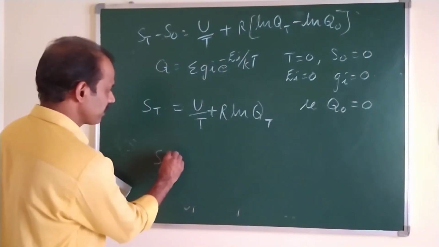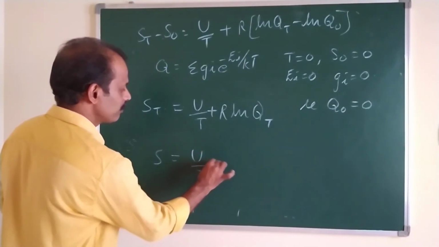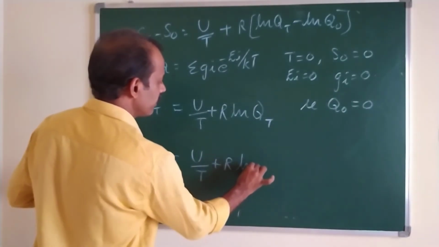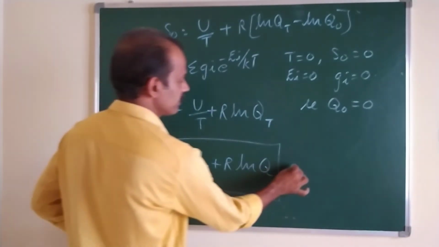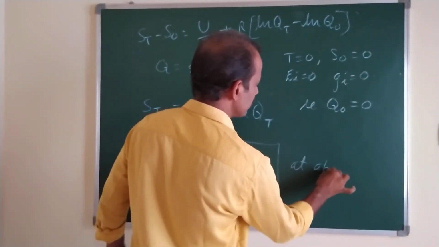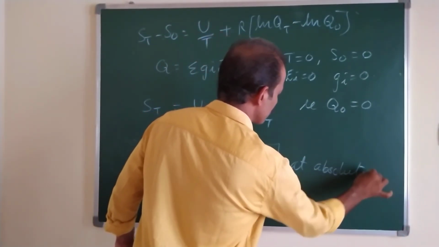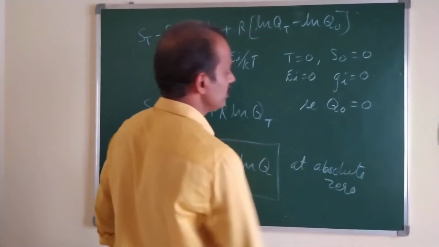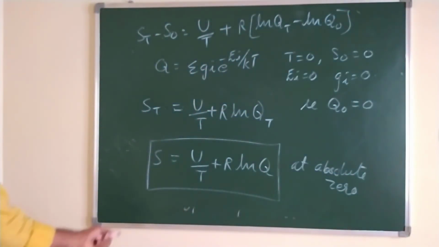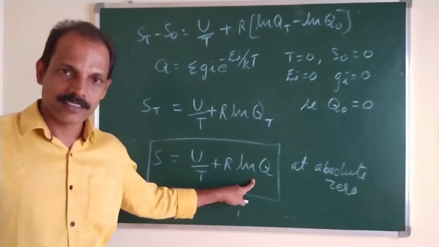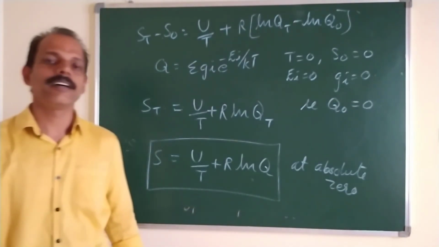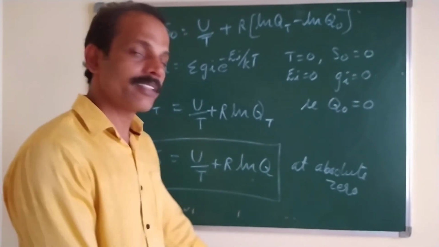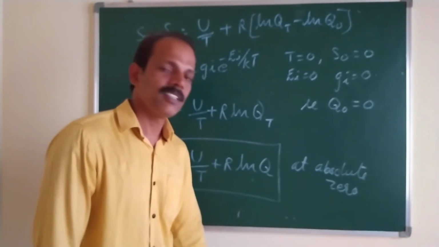Or in general, S is equal to U/T plus R ln Q, at absolute zero. At absolute zero, entropy can be represented like this. That is the third law of thermodynamics and the partition function.